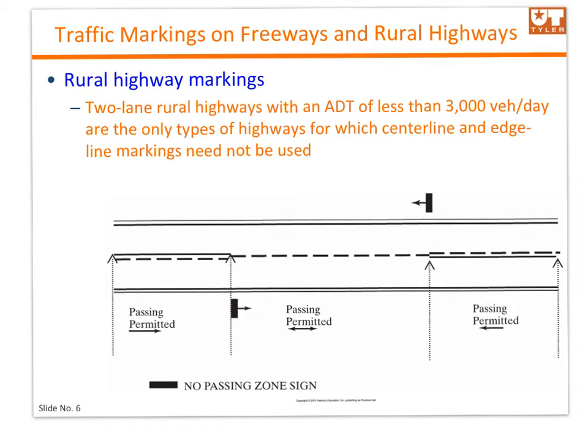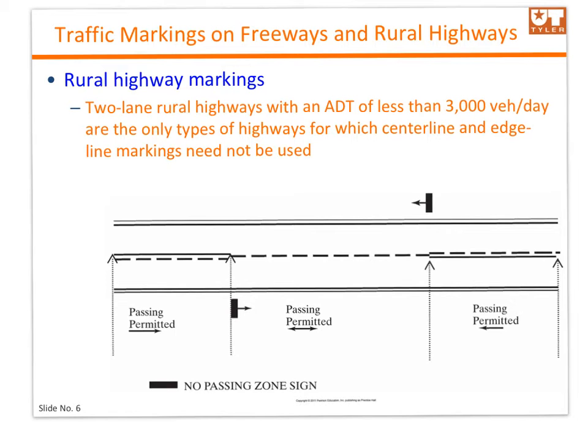But as you could see, since it's a 2-lane rural highway, 1 lane per direction, we have to have what we call a passing zone. So the markings here indicate for the drivers that if you are driving on the same side as the dashed yellow line, then you can pass at this location.